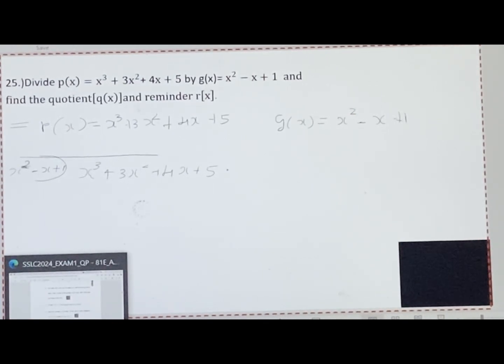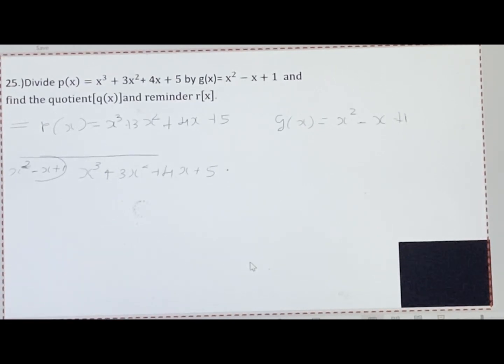Now what do we need to do here? So in the divisor we have x square and in the dividend we have x cube. To get the x cube, what do we need to multiply with this x square? So we need x to get x cube. So in the quotient I'll write x.